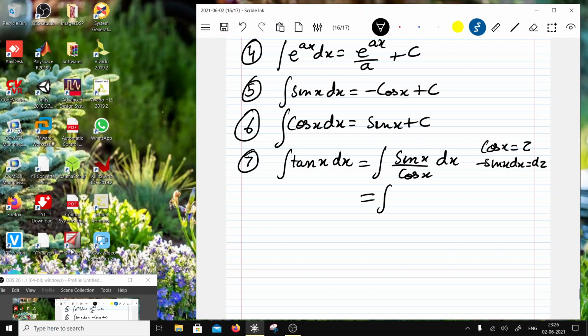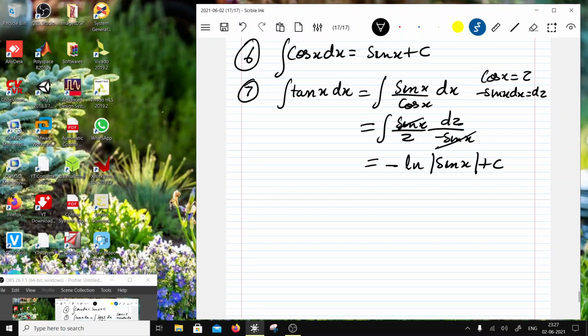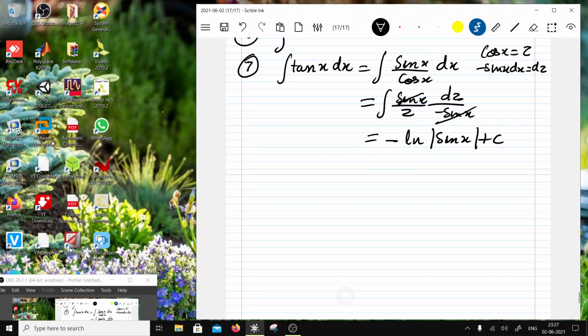Yes, so I would have integral of sine x by z dz divided by minus sine x. So this will cancel, so this will become minus log of sine of x plus c. So that's very simple, right? Similarly, if I have integral cot of x dx, then I would have that as cos x by sine x dx.